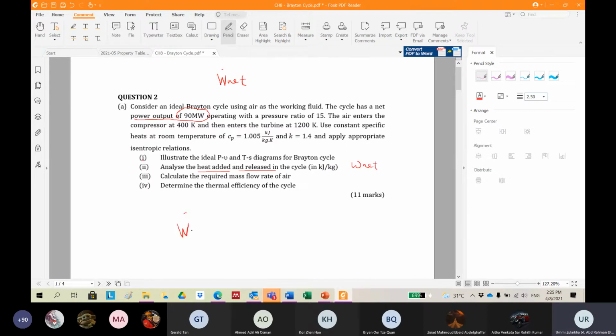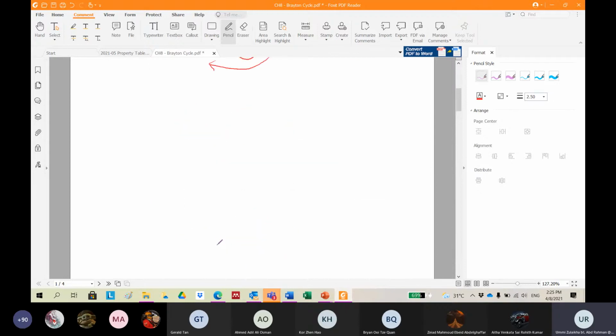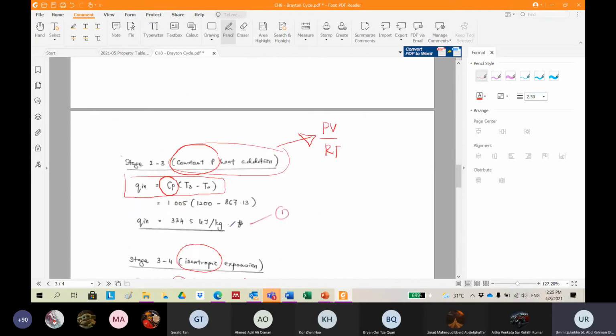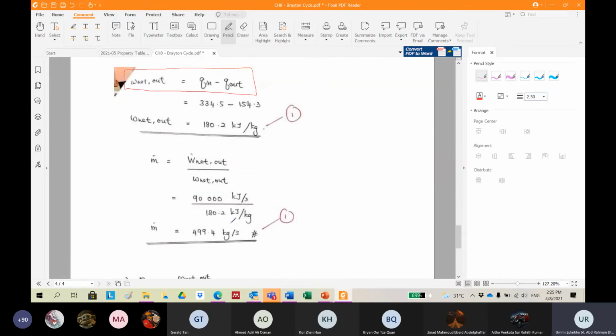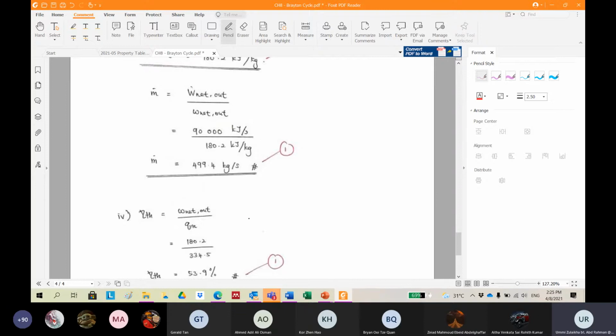So this W dot net equals m dot times small w net. When you want to find m dot, you just bring this to the left, and therefore you can get the m dot. I think this question is basically like a bonus question. If you still want to copy paste your friend, I don't know why. So you got this m dot.